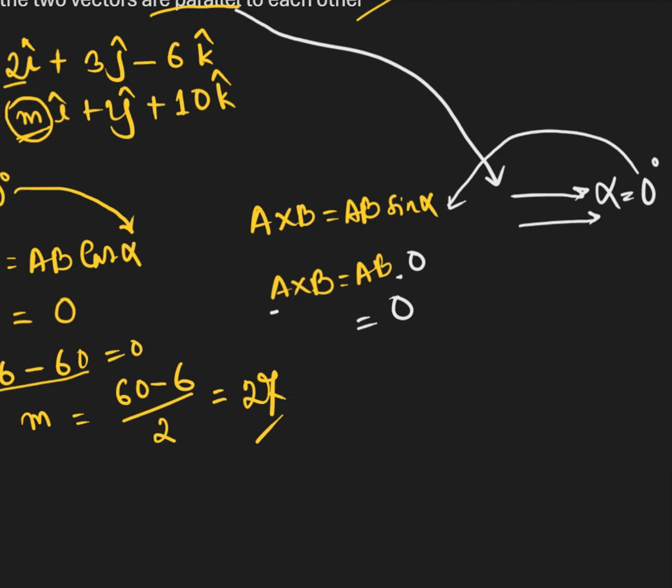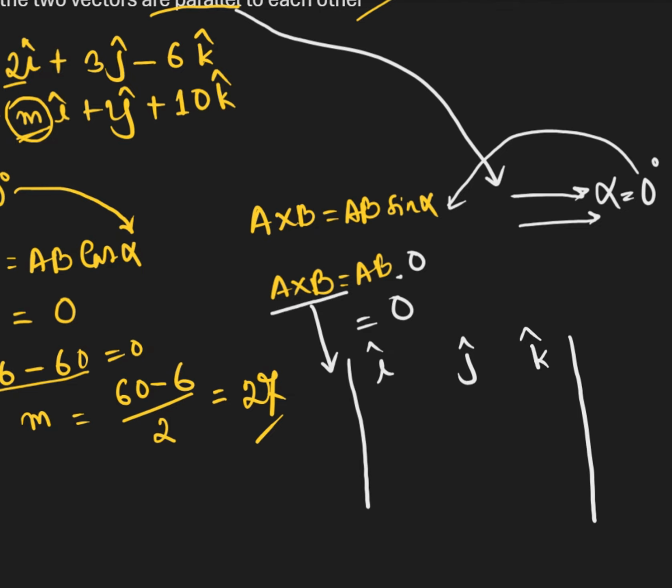Now we have this equation, a cross b, right? So what is the definition of a cross b? It will be i, j, k, and obviously it is a matrix, or of course we could define this as a determinant.